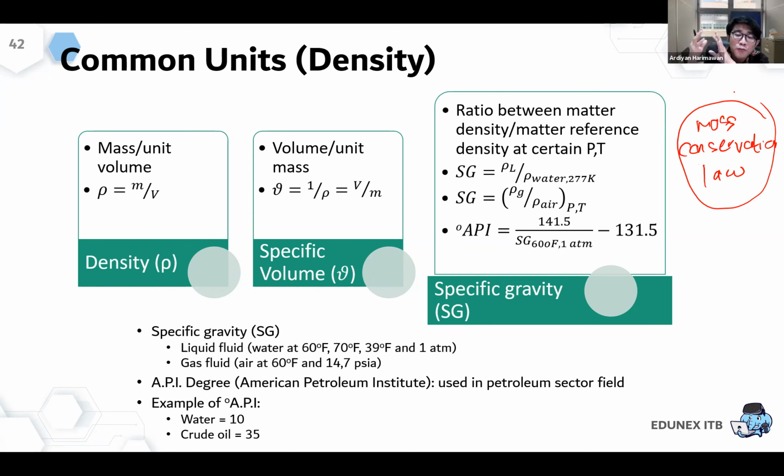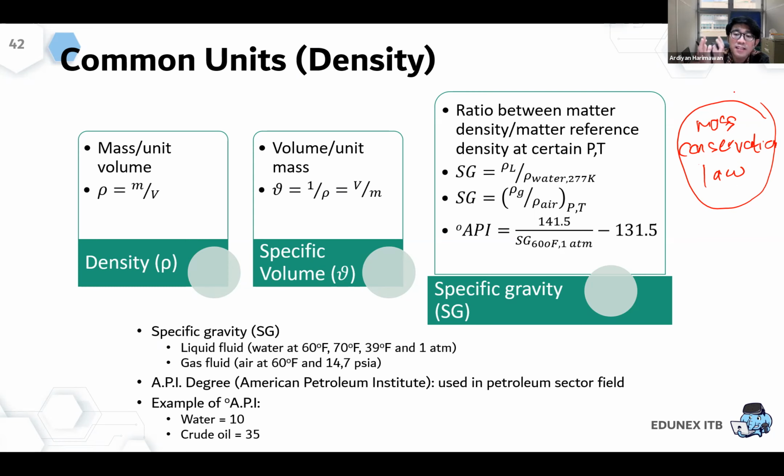Jadi kalau ada fluida, tekanannya berubah, temperaturnya berubah, yang akan tetap adalah massanya. The mass will be conserved, whether it's at 1 atm 0 degrees C or at 100 atm 100 degrees C, the mass of the fluid will be the same.